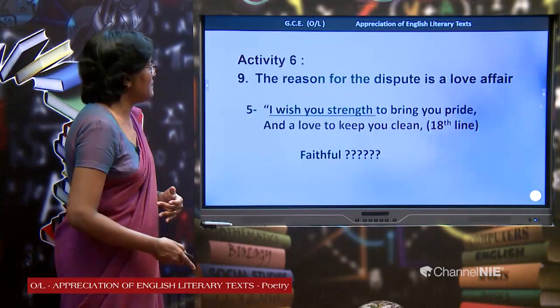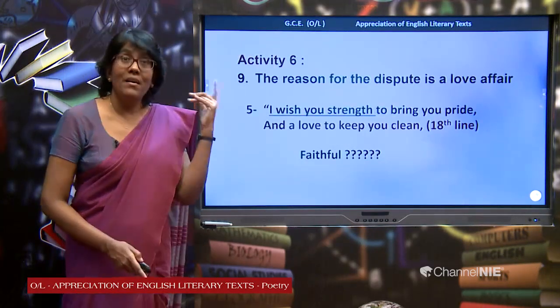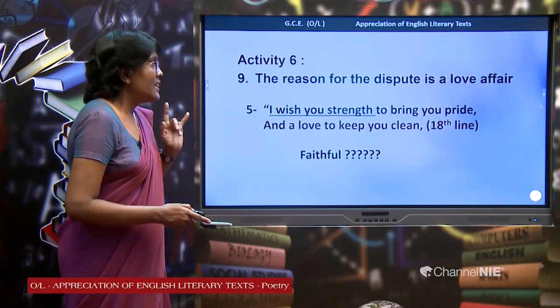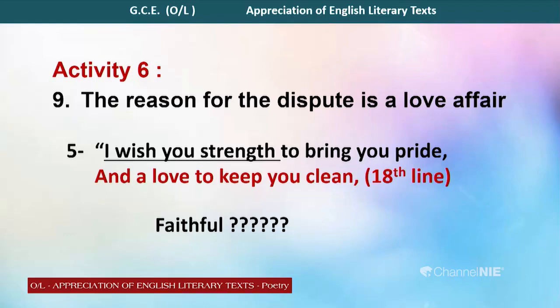Okay, well, at this point you have to pay attention. The reason for the dispute is a love affair. Look at that idea, the reason or the cause for this dispute. What is a dispute? A dispute is a fight, and here it is a love affair. How do you make sure that it is a love affair?